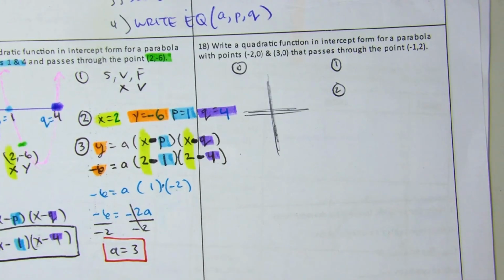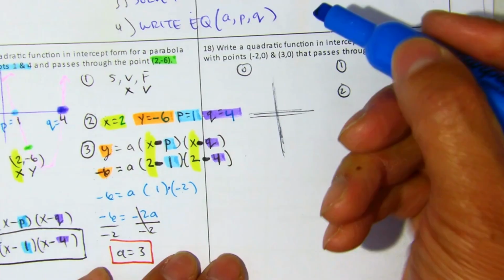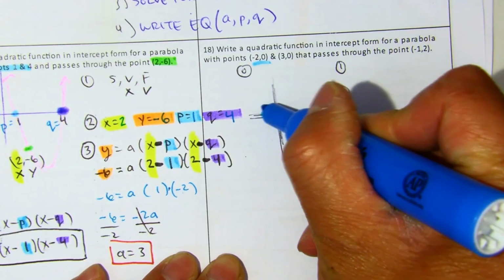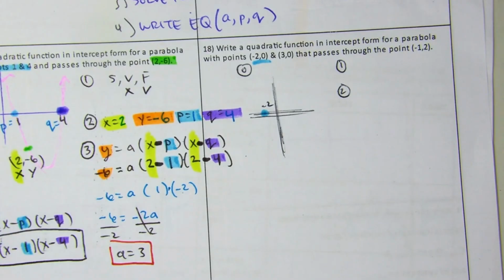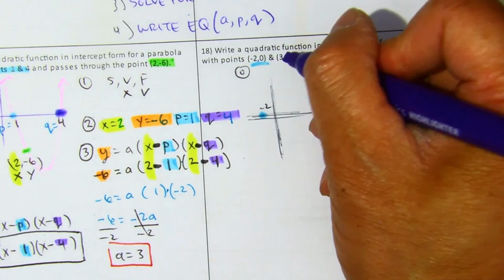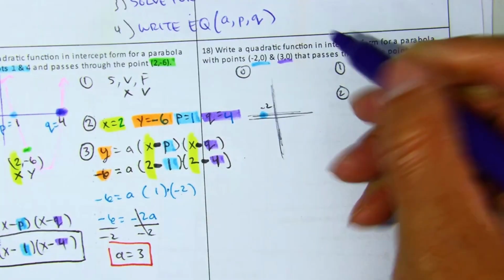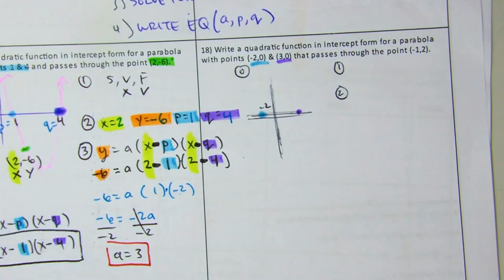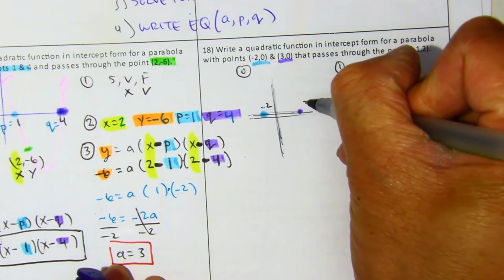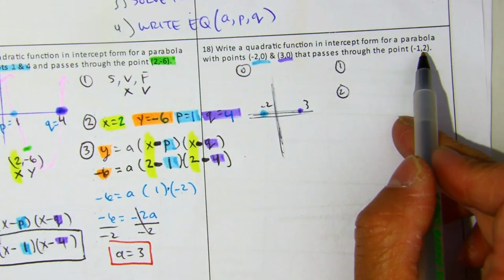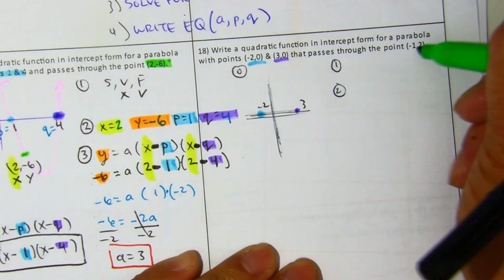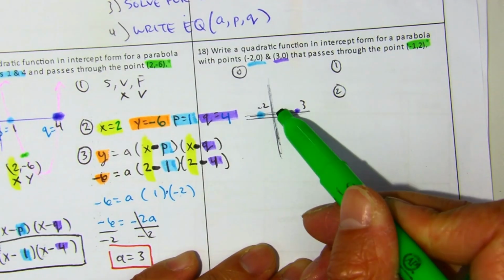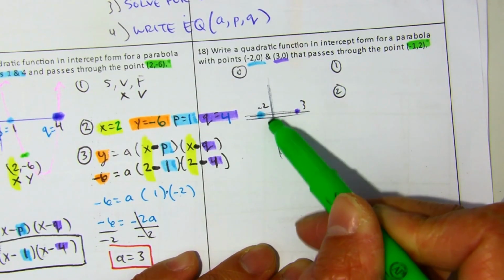So we have the points -2, 0, I'm sorry, 3, 0. And then I have the point -1, 2. Left 1, up 2.